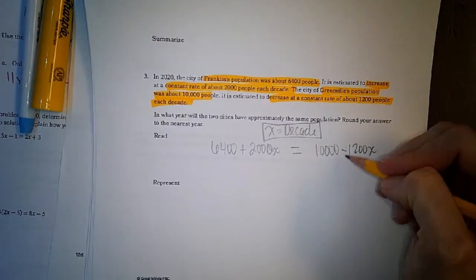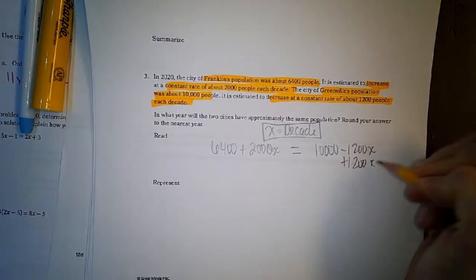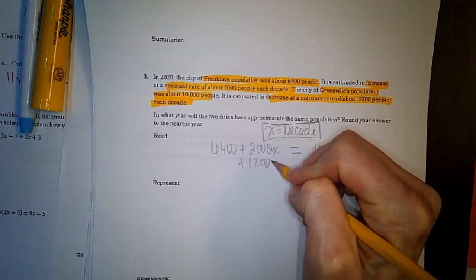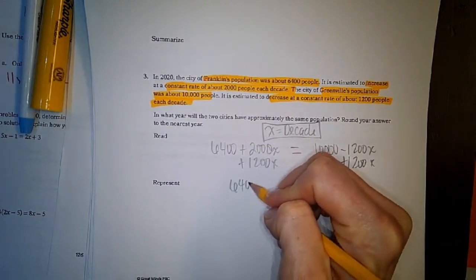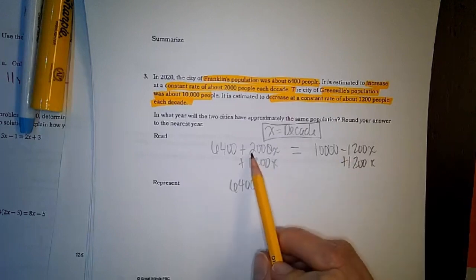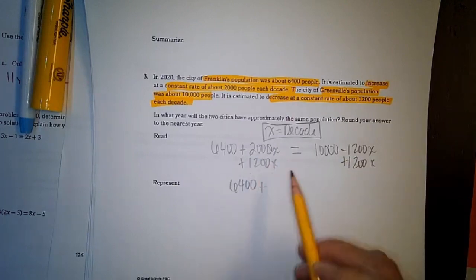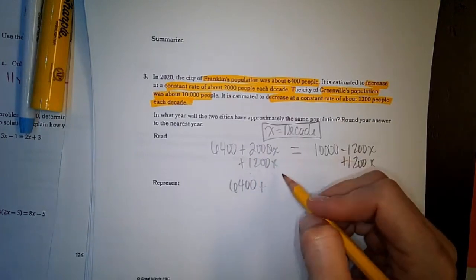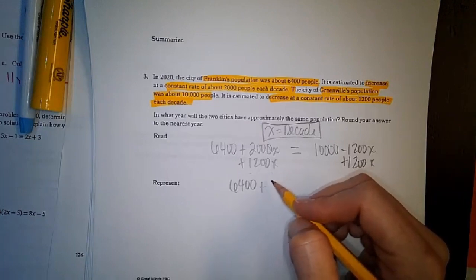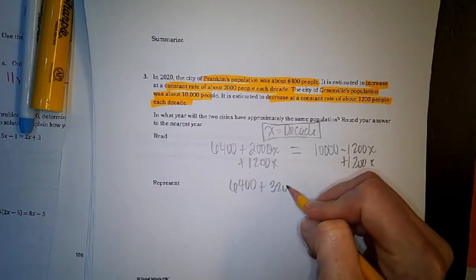So we have 6,400 plus, what's 2,000 plus 1,200? 3,200. Now what?